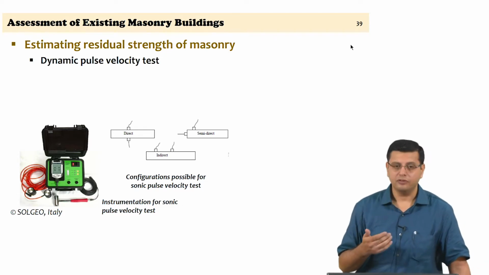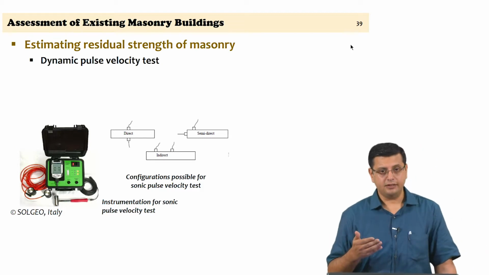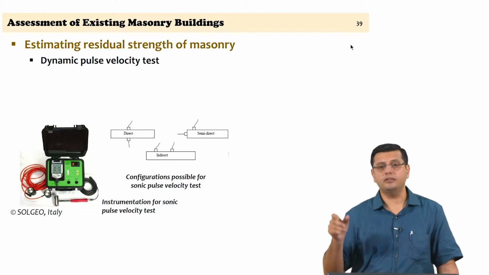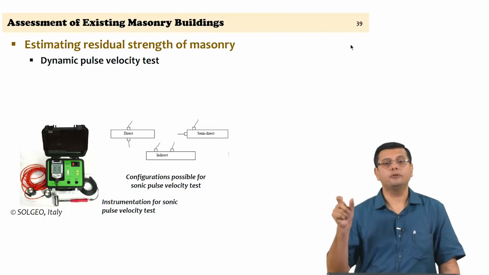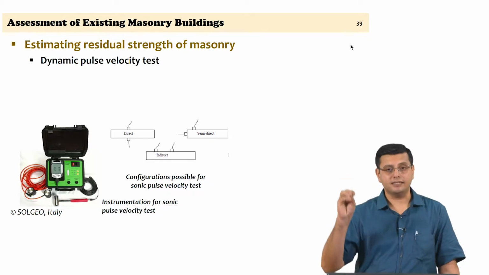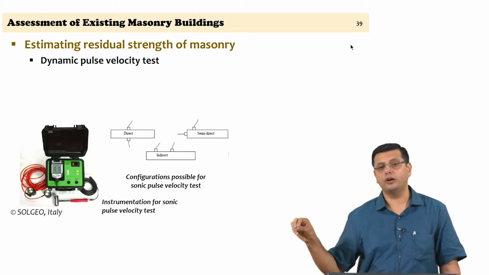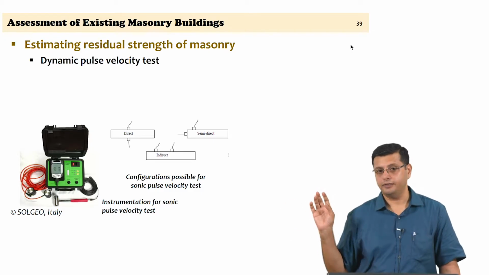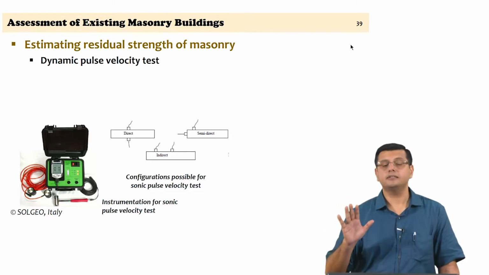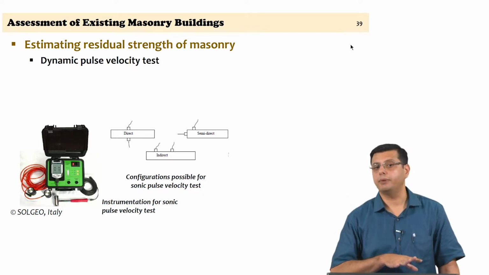If you remember from ultrasonic pulse velocity tests used in concrete, once you establish what the velocity of the primary wave, P wave is, you basically classify whether that is good quality concrete, moderate quality concrete, or poor quality or doubtful quality of concrete. Now, that is really all that you can do with non-destructive testing such as pulse velocity test.